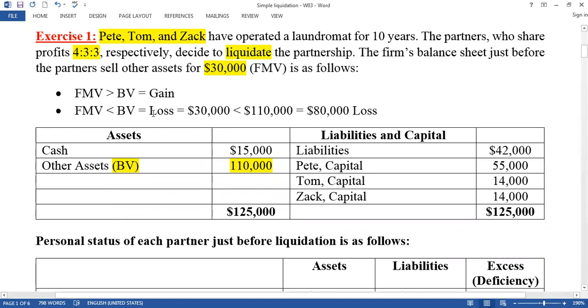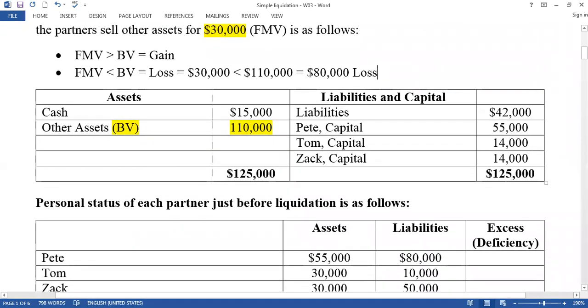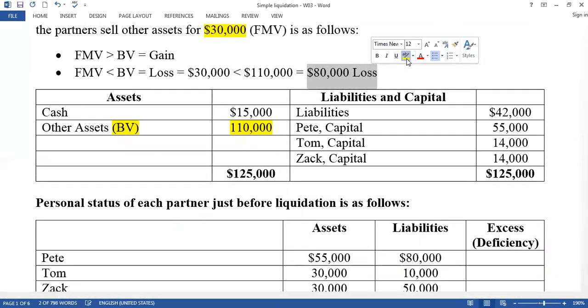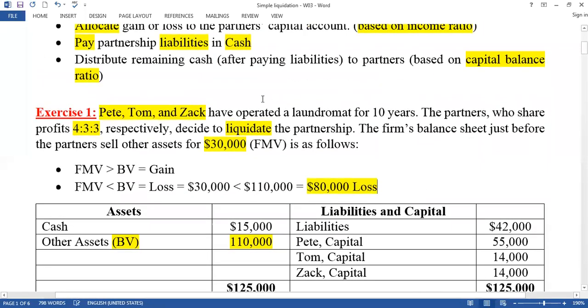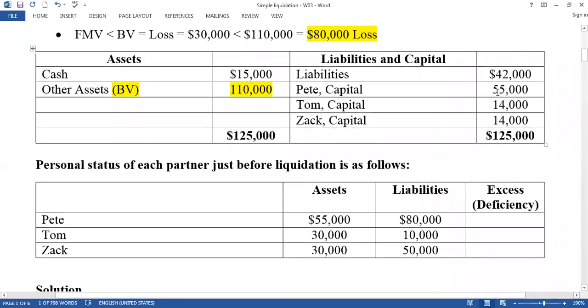You understand? $80,000 is the loss, and this loss is going to be shared 433, right? And you know that we transfer this loss to the capital account. When we transfer this loss to the capital account, look at their capital balance. Their capital balance will decrease.